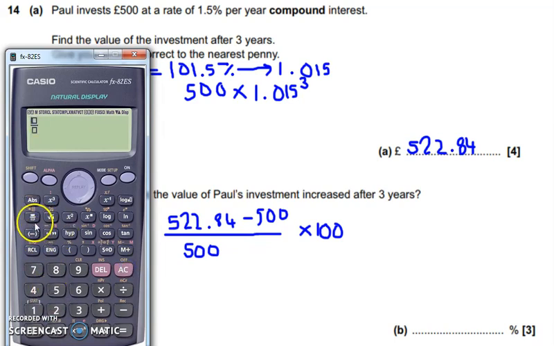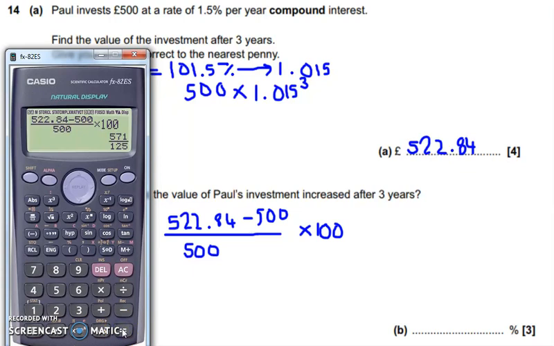So we've got, press the fraction button, 522.84, take away 500. Now to get down to the bottom part of the fraction, I'll just press the down button, over 500. Now I'm done with that fraction, I press to go across, times by 100.